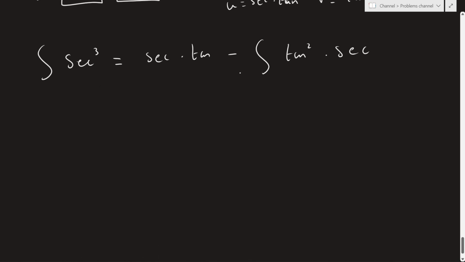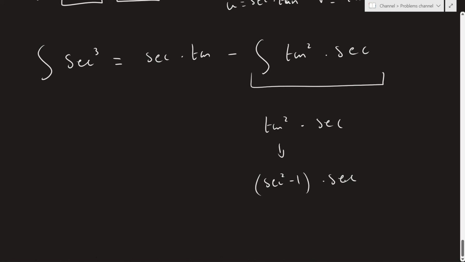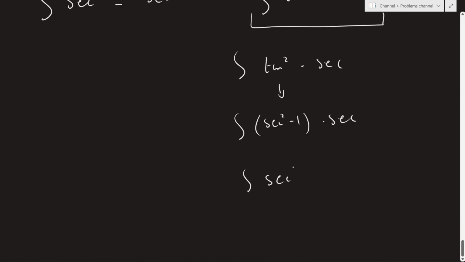Alright, now we're going to distribute. Oh, actually, we have to simplify this even further. It's going to be tan squared times secant. We can change tan squared to secant squared minus 1, times secant. Then distribute the secant here. It's going to be secant cubed minus secant.